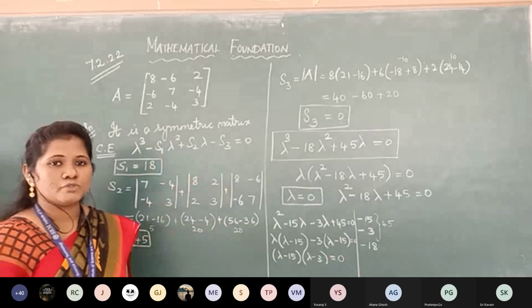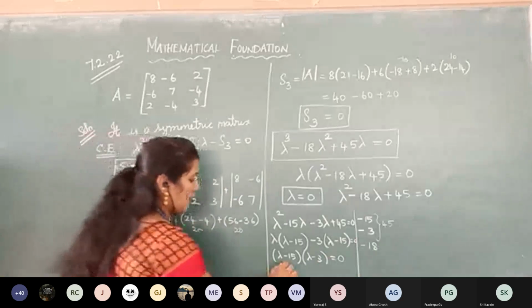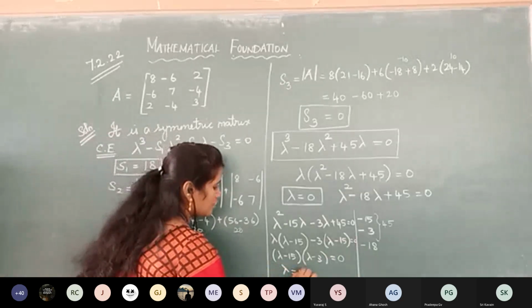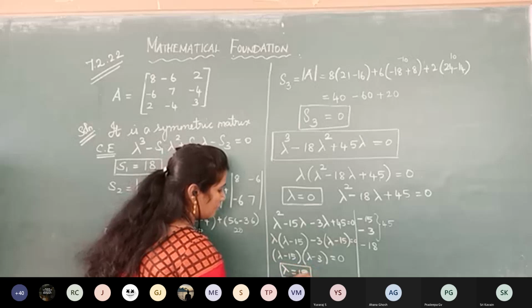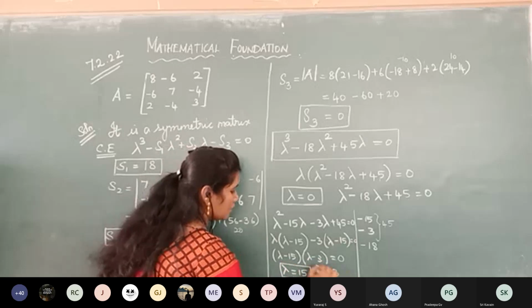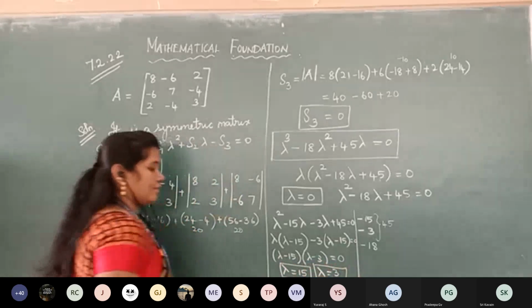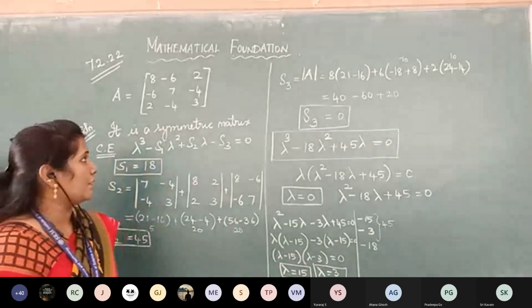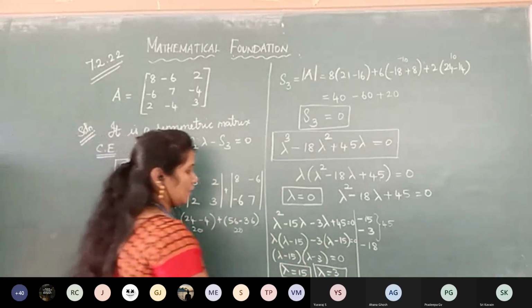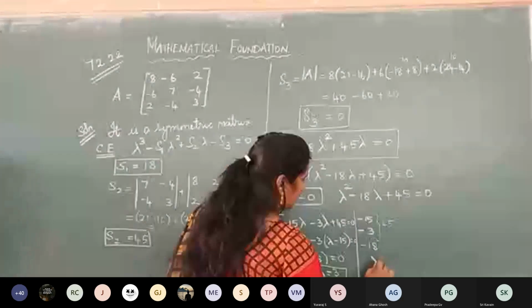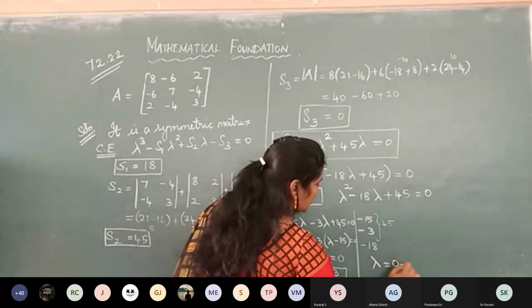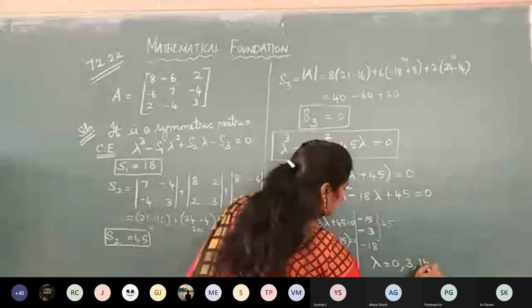So the other two eigenvalues will be lambda equal to 15 and lambda equal to 3. So the eigenvalues for this given matrix will be lambda equal to 0, 3, and 15.